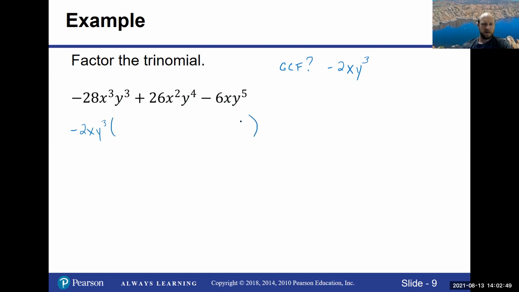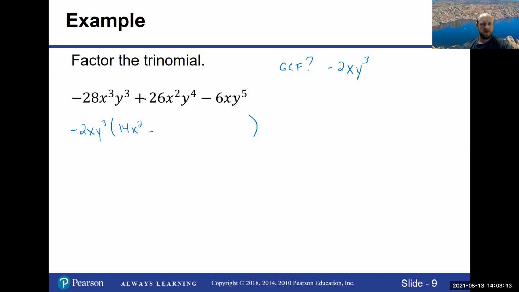And then let's figure out what we have left. So I took that out of this first term. So taking -2 and -28, I would need a 14 to multiply those to get me to -28. And then I have an x squared, and I already took y to the third. So that's good. This sign's positive, so I need my next sign to be negative. Negative times a negative is a positive.